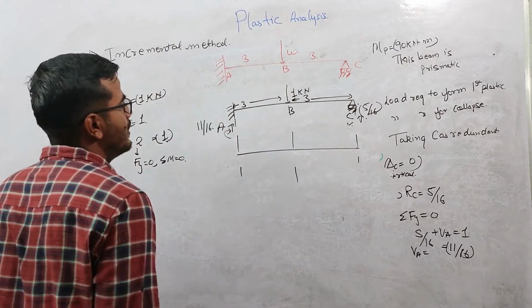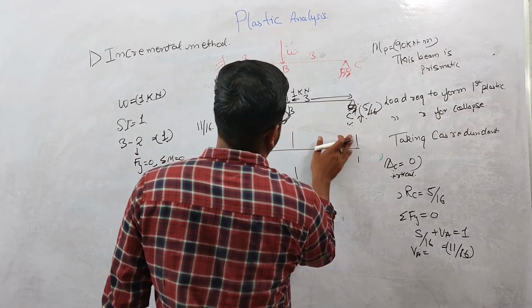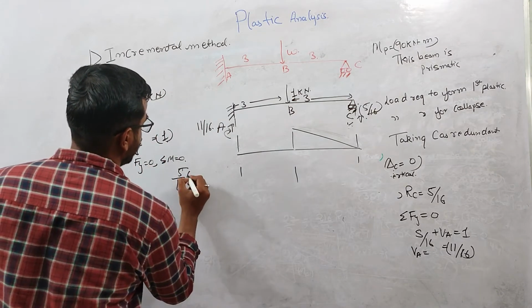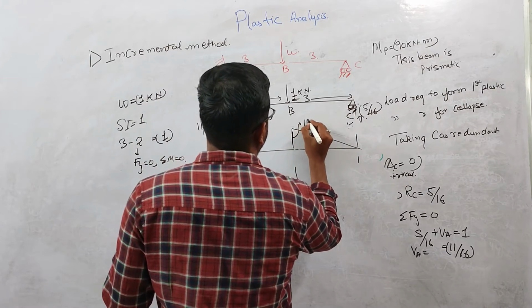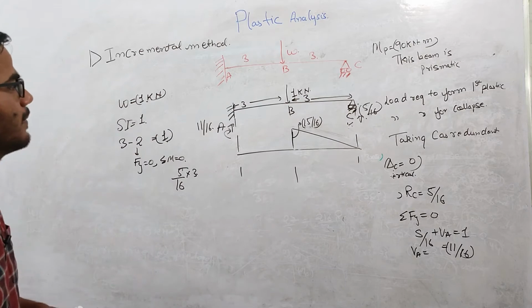Due to this 5 by 16 load, the bending moment at this point will be 5 by 16 into 3, right? So this value is nothing but 15 by 16. No doubt in that, right?